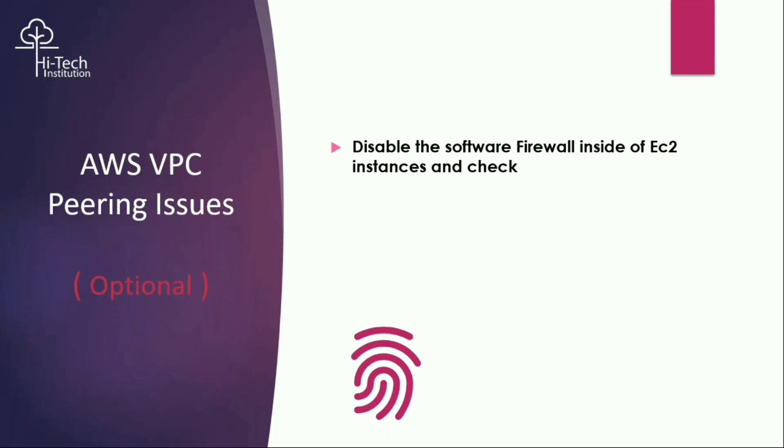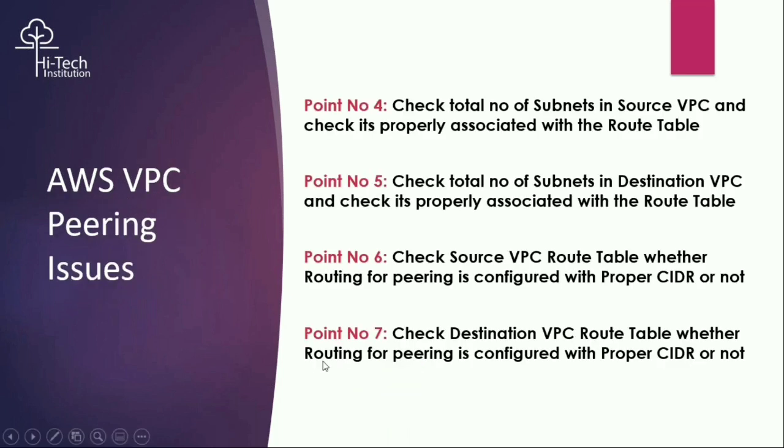Maybe you can disable it for the time being and check. That's what I mentioned here as optional. If you want to try, you can. Otherwise, not an issue. But for us, point number 7 was the issue we identified.